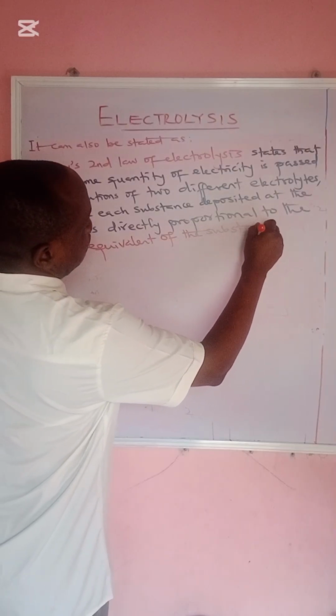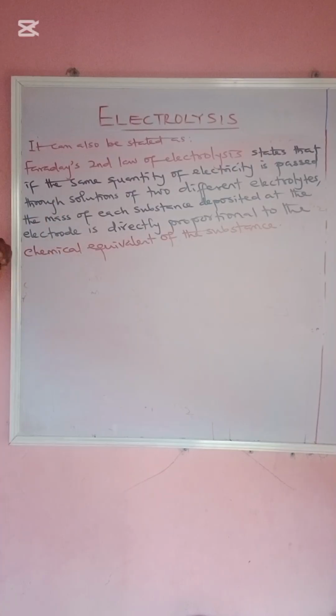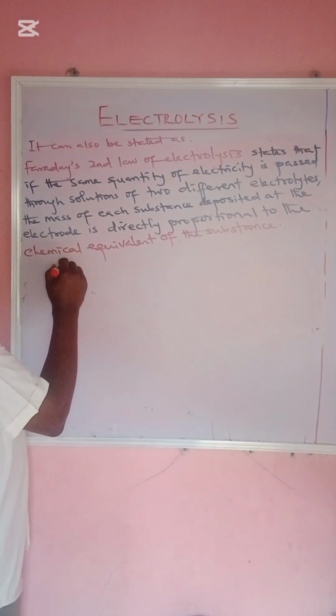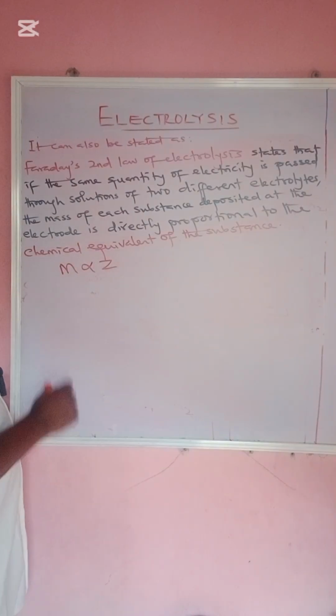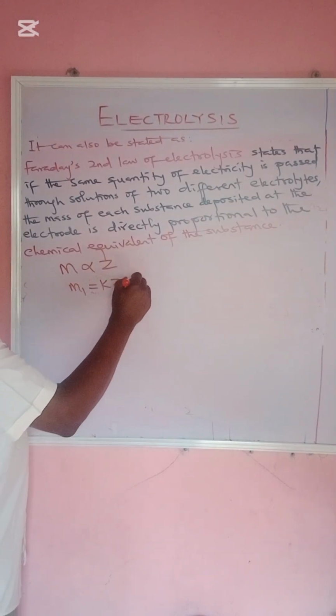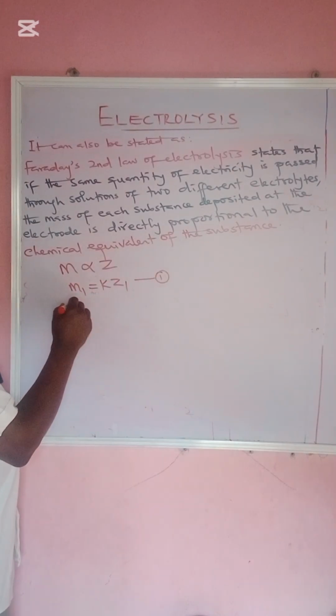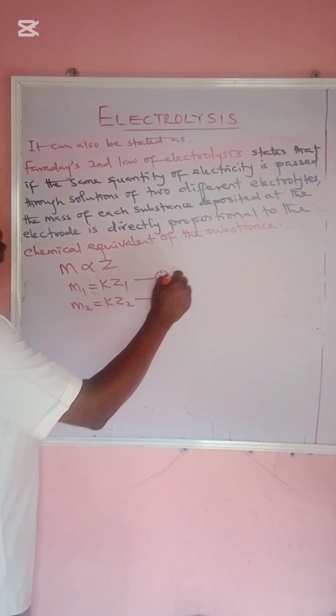So we have defined it in terms of mass and chemical equivalent. If you remember, mathematically, this is given as M proportional to Z, where Z is equal to chemical equivalent. You can say M1 is equal to KZ1, that is equation 1, and M2 is equal to KZ2, that is equation 2, where K is a constant.